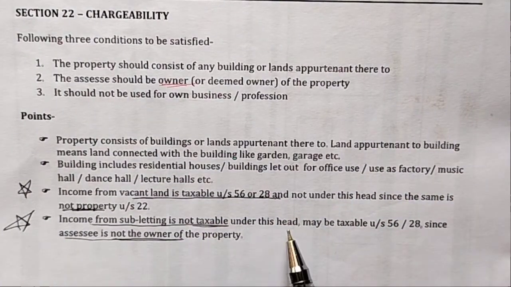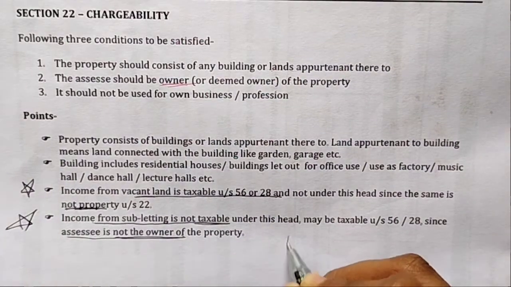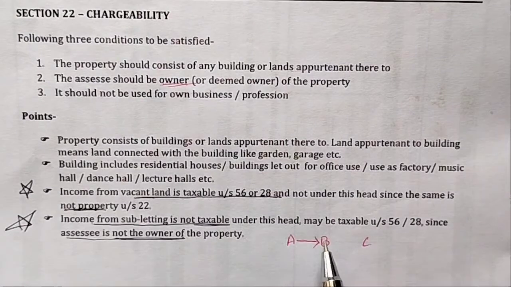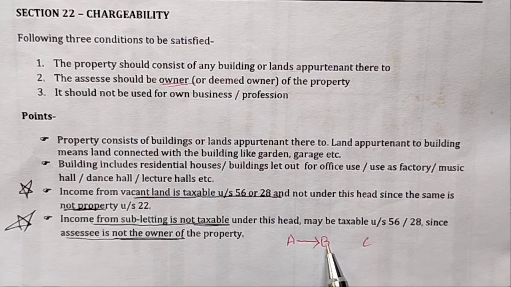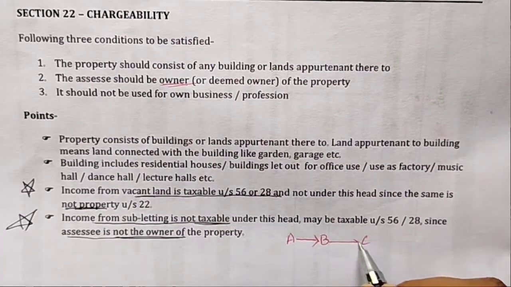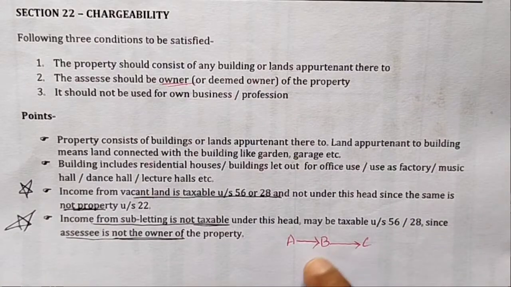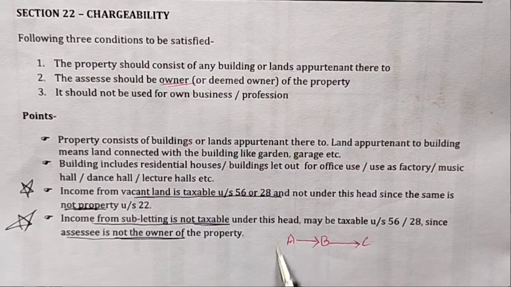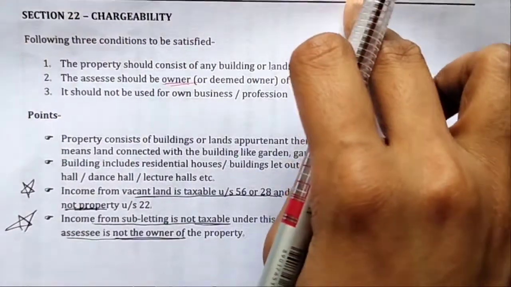Income from sublending is not taxable under this head, but may be taxable under section 56 or 28, since the assessee is not the owner of the property. There are 3 persons, A, B and C. A provides his building to B for rent and B rents the same building to C. This is called sublending. Here the rent B pays to A is chargeable in income from house property.